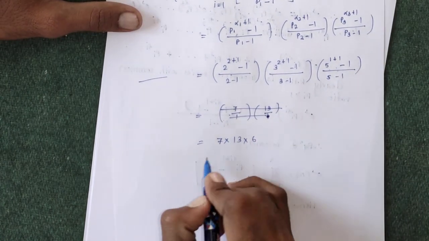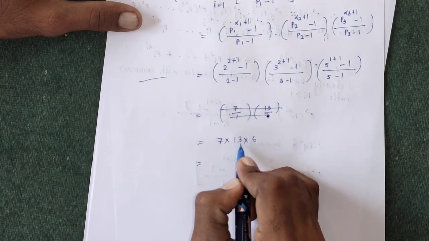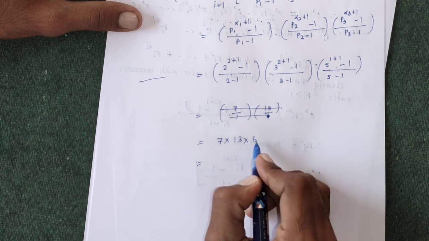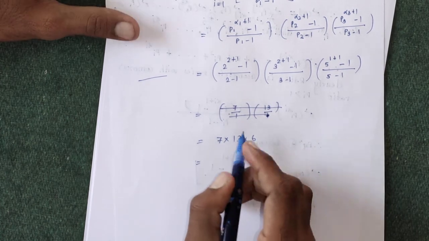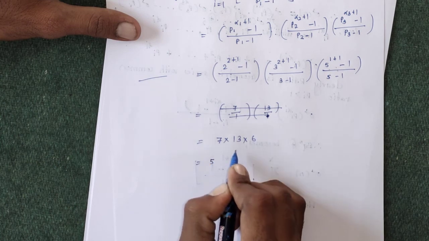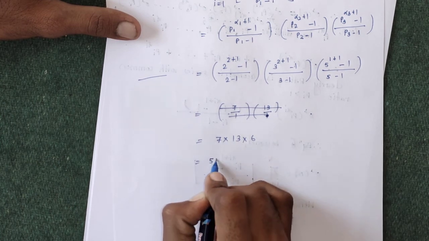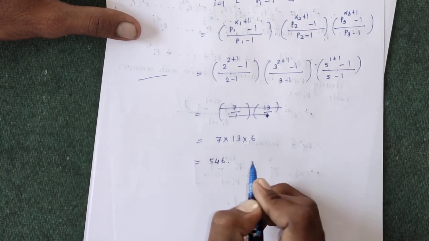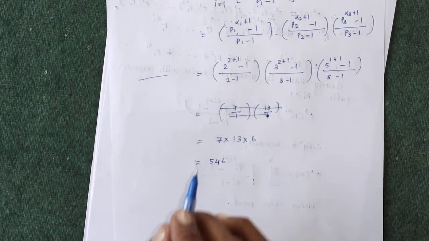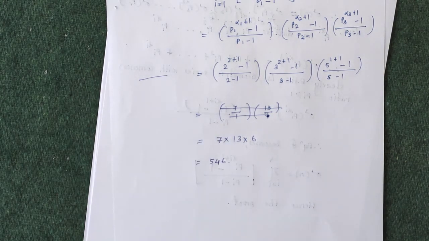So multiplying these numbers, 13 into 6 into 7, we get 546. So this is sigma of 180. Similarly, you can find the sigma of any number.